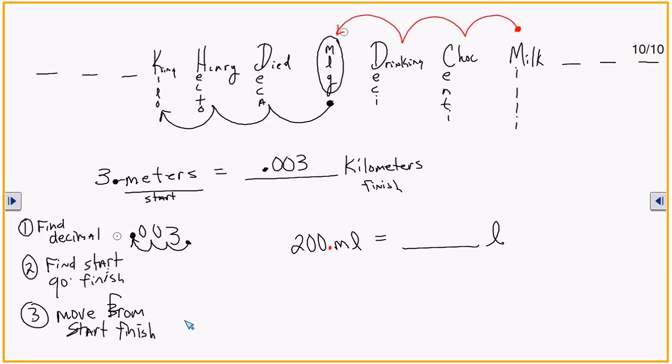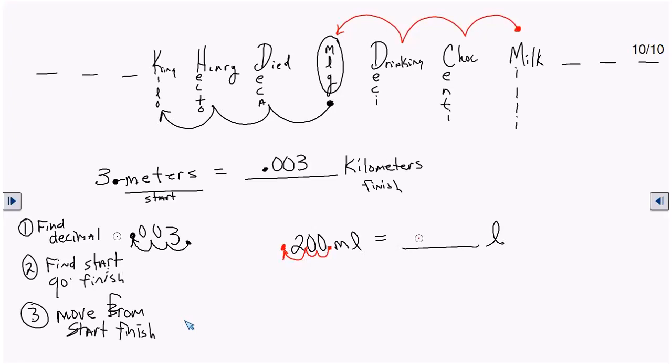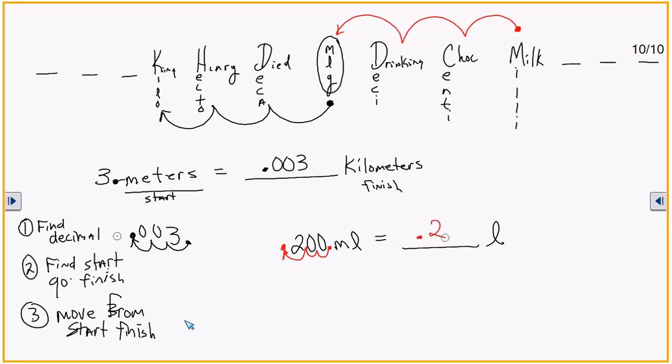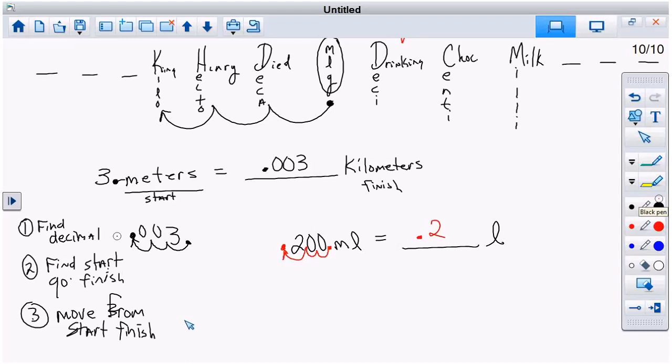So I've got to move 3 places to the left. 1, 2, 3. So 200 milliliters is 0.2 liters. And yes, it works both ways. It doesn't matter. It depends on where you have to start and where you have to finish. So let's do another one.